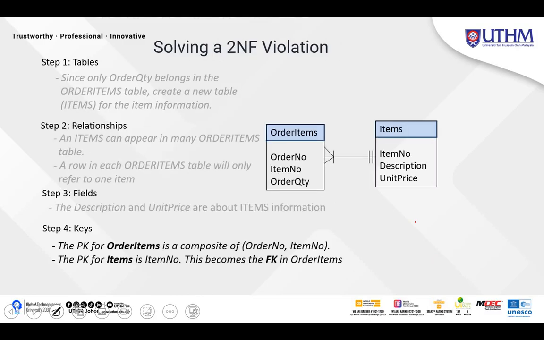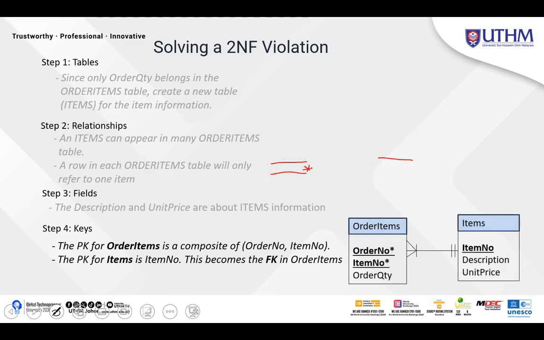So the primary key for order number, and we have two primary keys for the order item table. Okay, we have two item tables, and item number again acts as the primary key for this table and also acts as a foreign key for this table. And we need to put a star for order number, because order number actually comes from the order table, the first normal form solution that we found there.